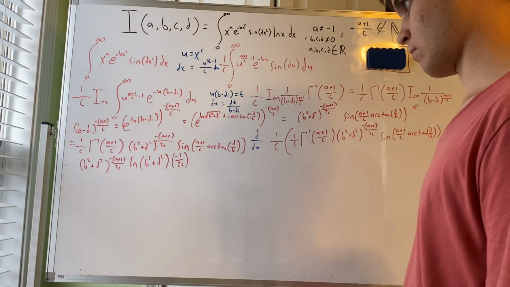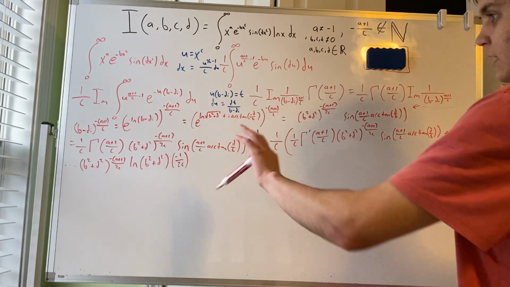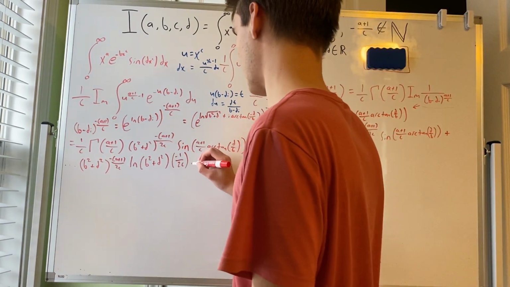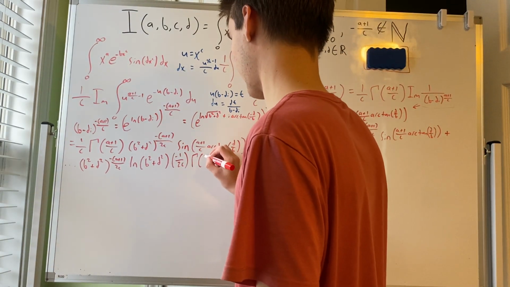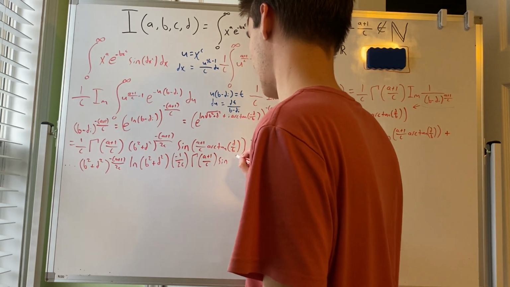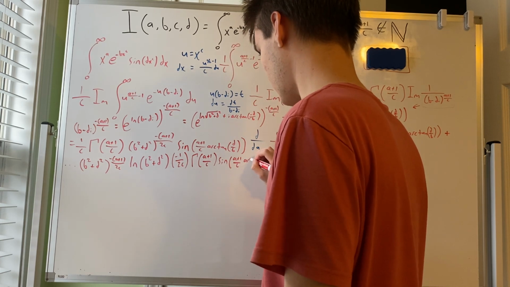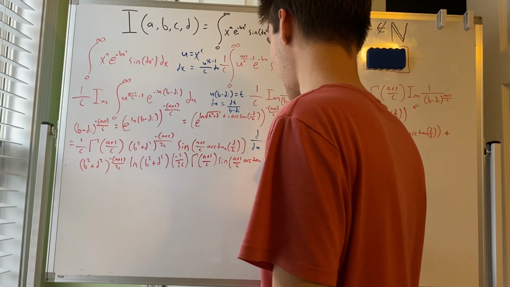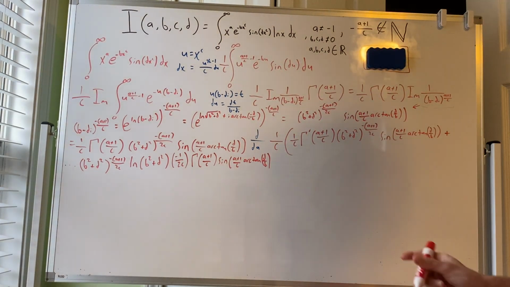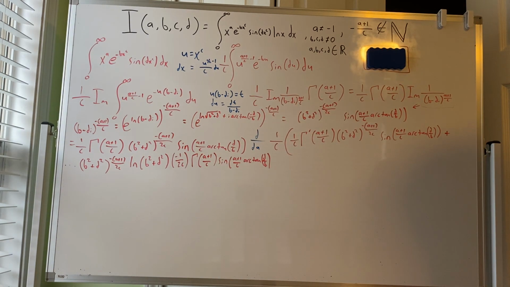Okay, and then since that was just the derivative of the term, we have to write everything else as well, which is going to be gamma a plus 1 over c times sine plus 1 over c arc tangent d over b. I'm going to stop saying it because you're going to hear me say it a lot. Anyway, so that's our second term of the big product rule.